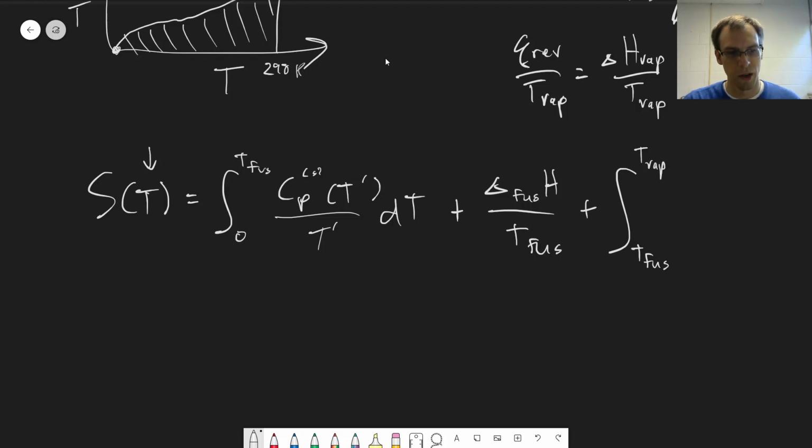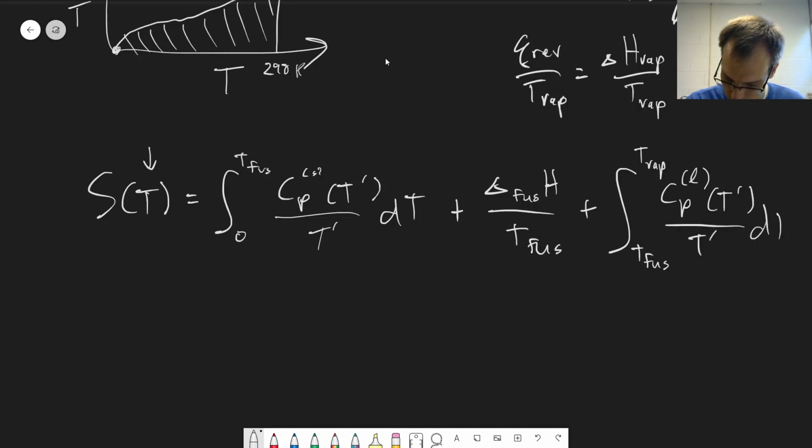Now, depending on the temperature, we may not have all these phase changes here. I'm writing this generically for solid to liquid to gas, but you may not need all of these. So the heat capacity of the liquid as a function of temperature divided by temperature dT prime.